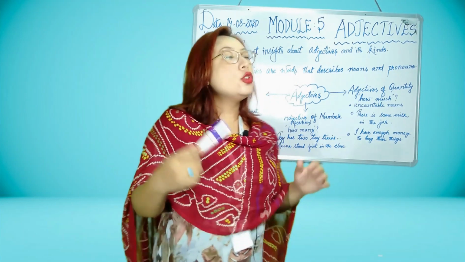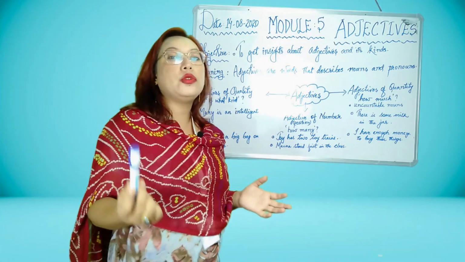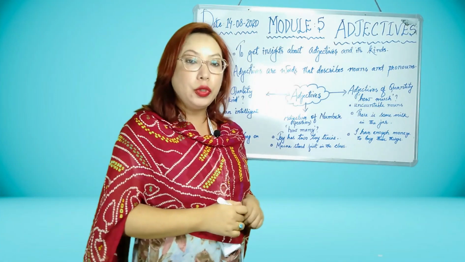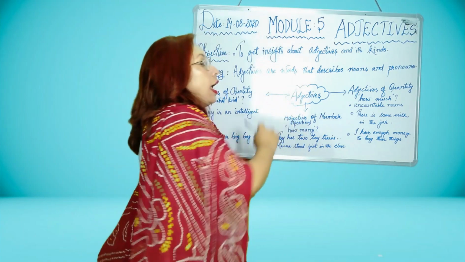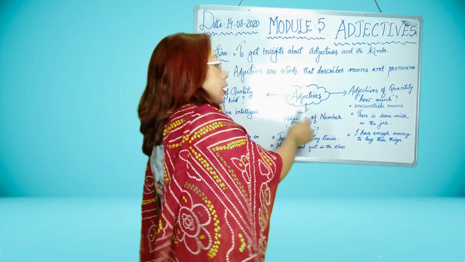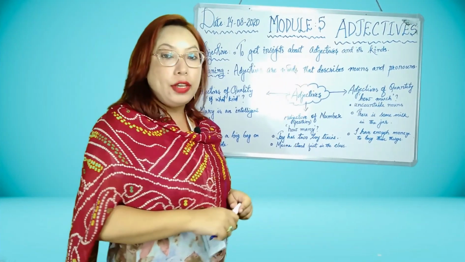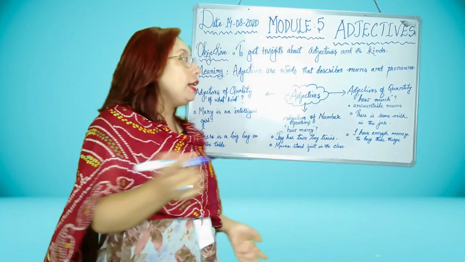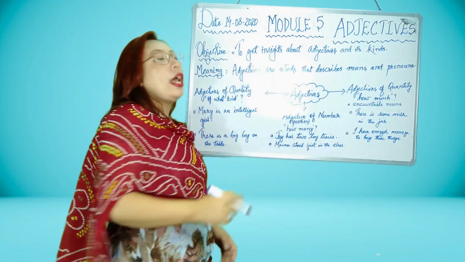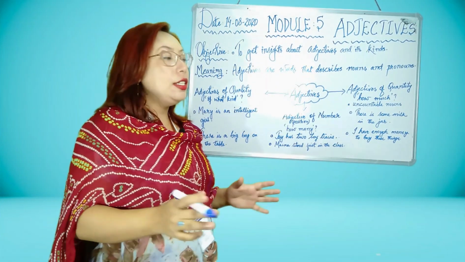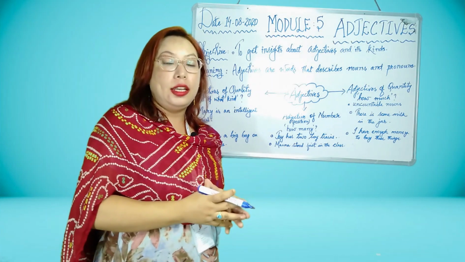Okay students, see here on the board I have tried to draw a very simple diagram for you all. Adjectives, and we will be seeing its 3 different kinds. Let me start with the most common kind of adjective which all of us know, that is adjective of quality. Quality means of what kind the noun is.